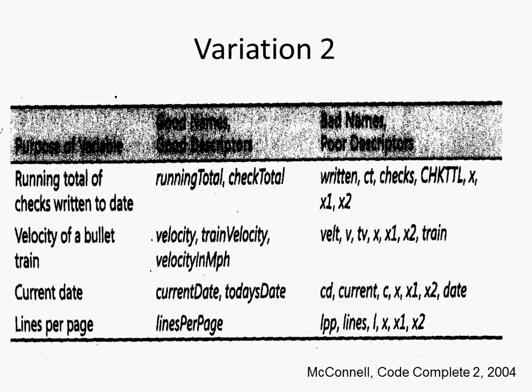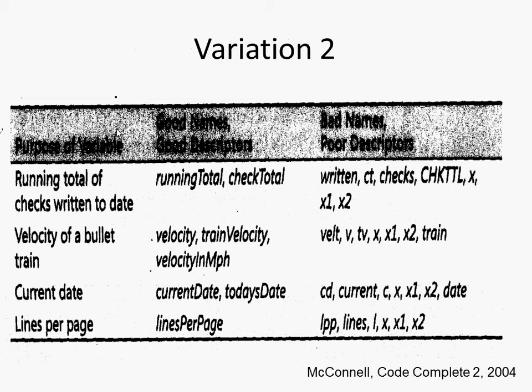Also from Code Complete, here we have sort of good names and some names that really need improvement. So, lines per page, current date. You'll notice the use of, does anyone know what this sort of convention is called, where we have a lot of lowercase, but we have punctuated uppercase letters? It's called camel case.